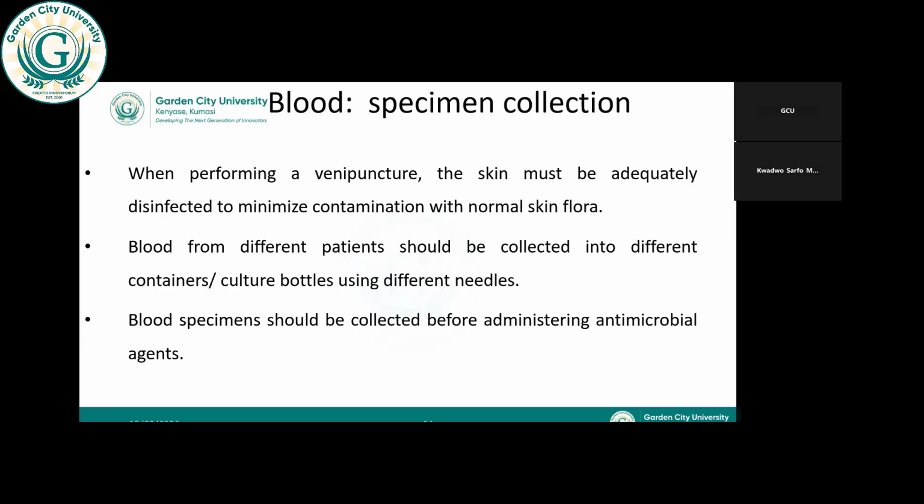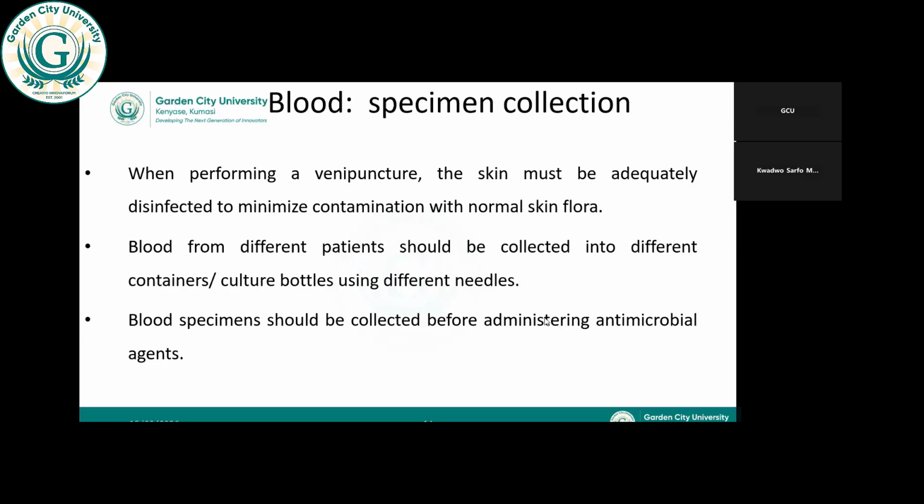So you should always label them using the right information from the patient or the client. So if 2 different bottles are needed for culture, aerobic and anaerobic, then different needles should also be used when you are introducing the specimen into these different bottles.